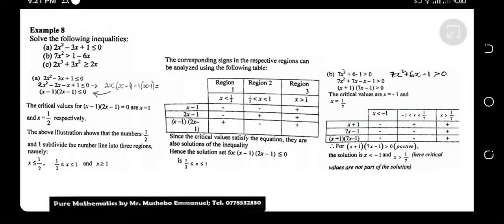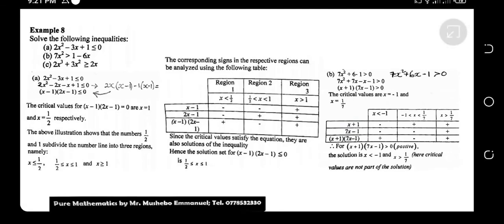And then the third region is x greater than 1 out of 7. They should be in ascending order. You begin with the smallest up to the highest. Then these are our factors which we got up here. You write them here, and then you will test.